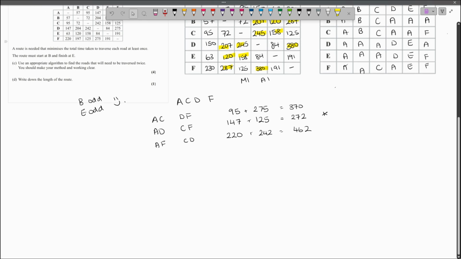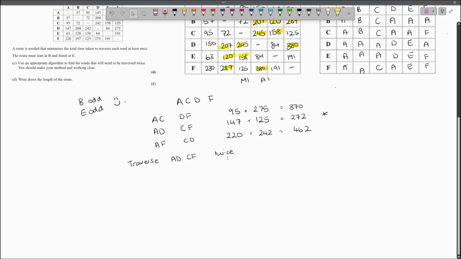So it's really tempting to say that you need to traverse AD and CF twice. However, this isn't the case. We need to traverse the paths that go from A to D and C to F twice.